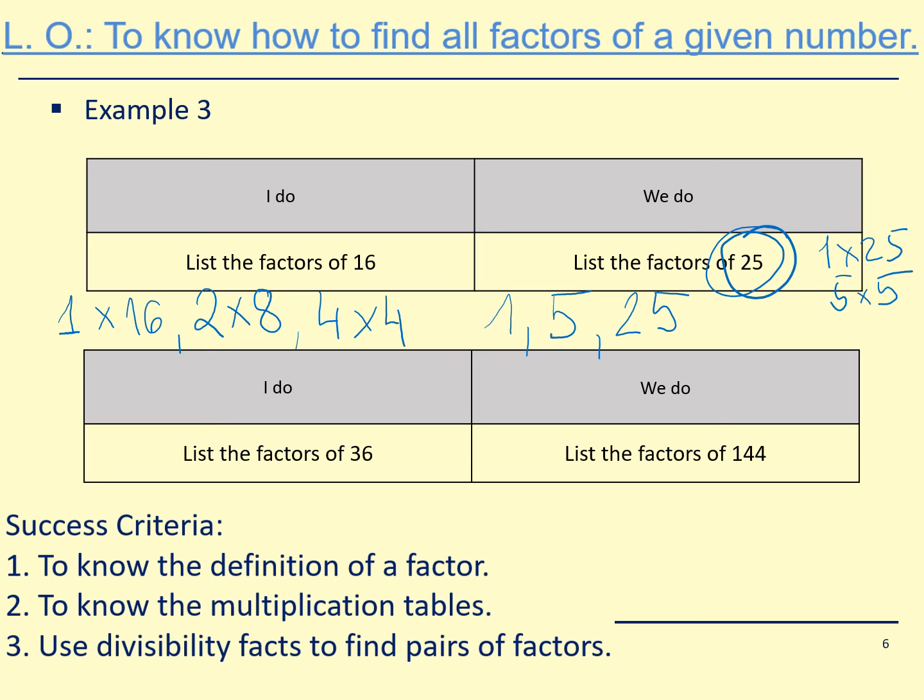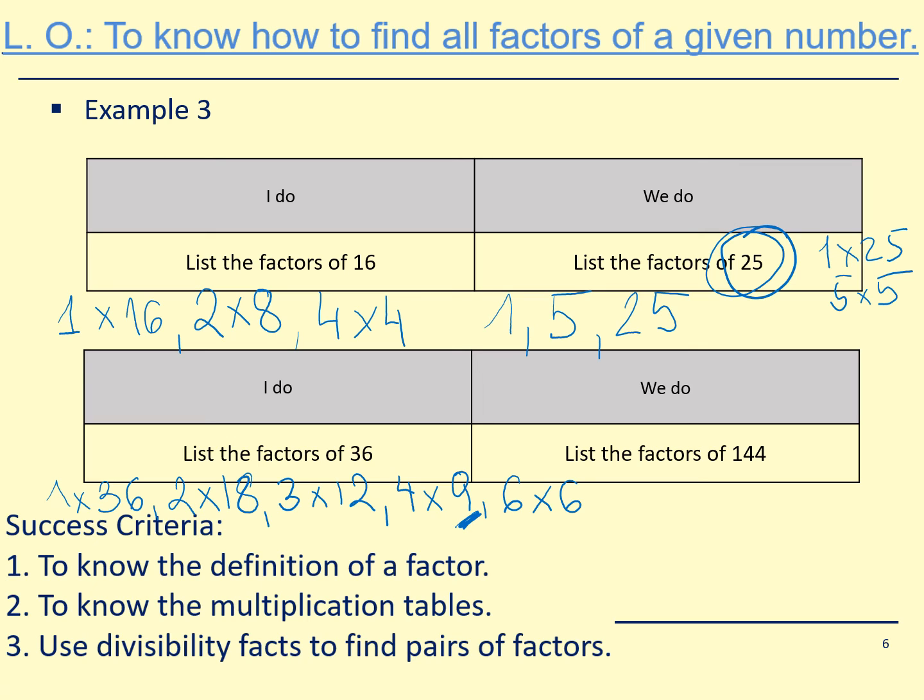Okay, factors of 36. 1 times 36, 2 times 18, 3 times 12, 4 times 9, 5, no. 6, yes, 6 times, oh, sorry, not 3. 6 times 6. 7, no. 8, no. 9, 9 is already here, so we know we are done.